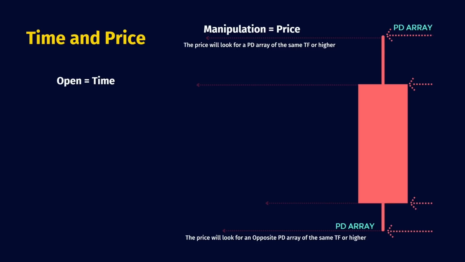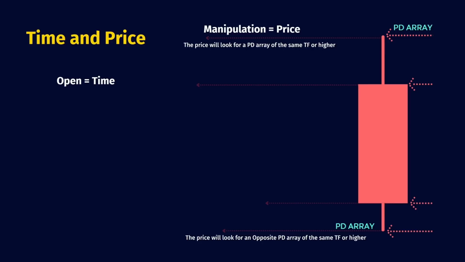Okay, and when price prints this wick high and the distribution develops into the close, price looks for one opposite PD array on the same time frame or higher, and price stops at this PD array.